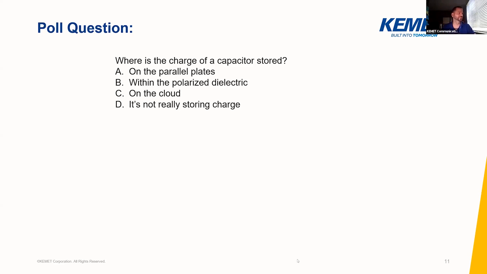Is it within the polarized dielectric itself? We'll give you a couple of seconds to answer this poll question. I'll share the responses as soon as we close the polling.